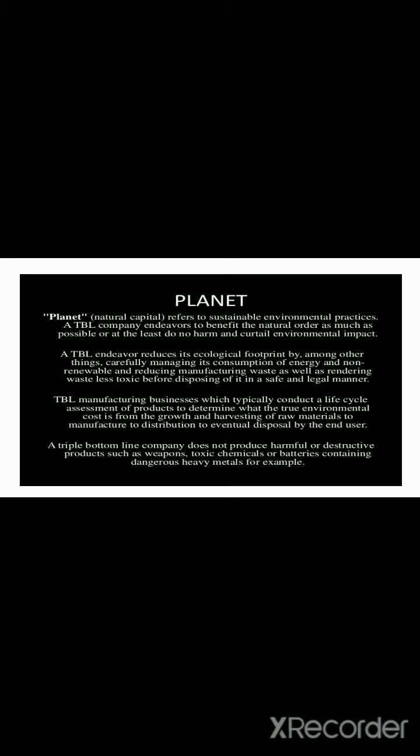Planet is natural capital. This refers to sustainable environmental practices. A TBL company endeavors to benefit the natural order as much as possible, or at the least do no harm and curtail environmental impact. A TBL endeavor reduces its ecological footprint by, among other things, carefully managing its consumption of energy and non-renewables, and reducing manufacturing waste as well as rendering waste less toxic before disposing of it in a safe and legal manner.